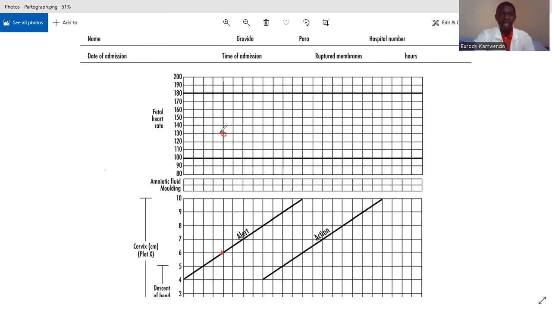Then if you check again after 2 hours, you find that the fetal heart rate is probably at 120.